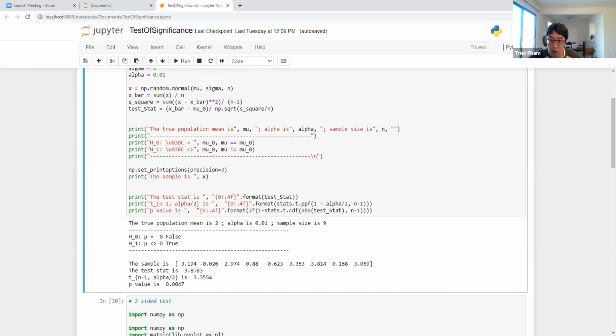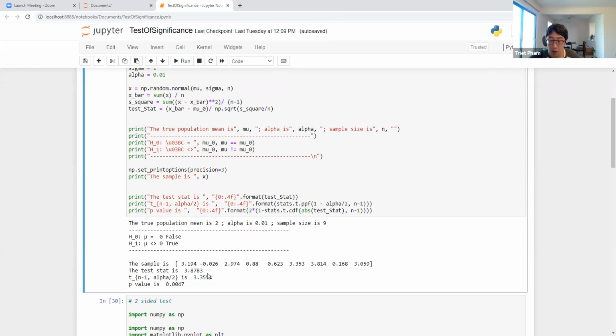So I want you to pay attention to this. We're going to run it a couple of times. But first of all, notice that the sample will change every time I run it. Of course, it's a random sample. Second thing is, notice, do I reject or accept? For example, here, do I reject or accept? I reject, because the test stat is bigger than the percentile.